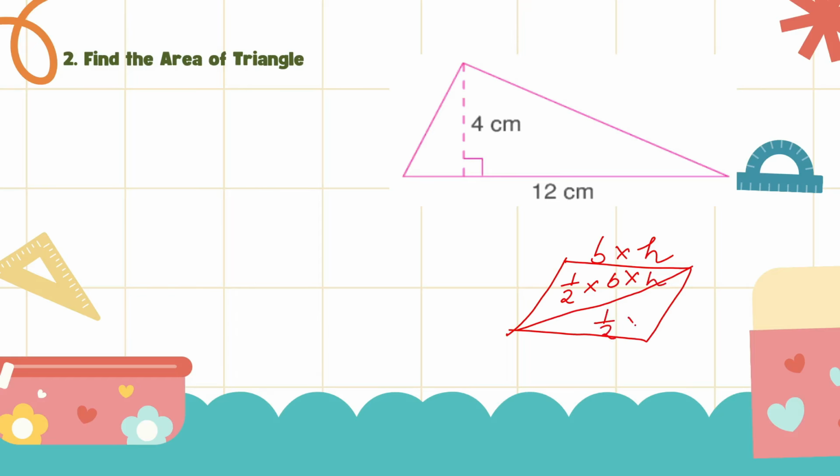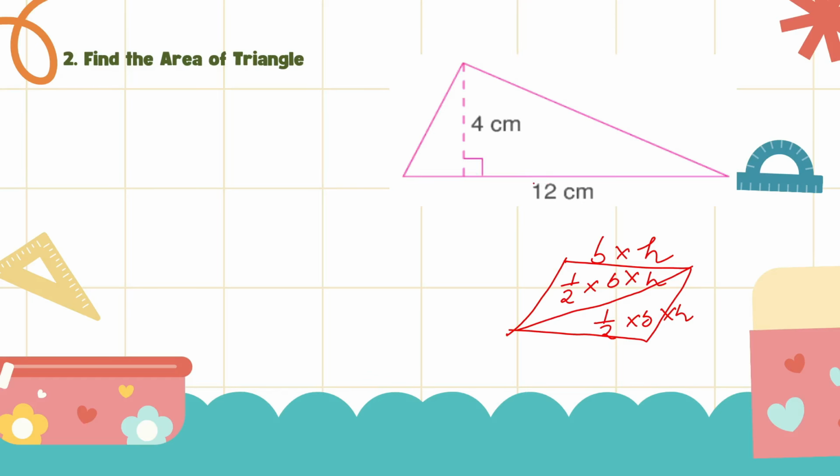So this is the relation between area of parallelogram and area of triangle. Means area of triangle is half into base into height. If we complete any triangle, it will make a parallelogram. So according to that, we can remember the formulas for area of rectangle and parallelogram.